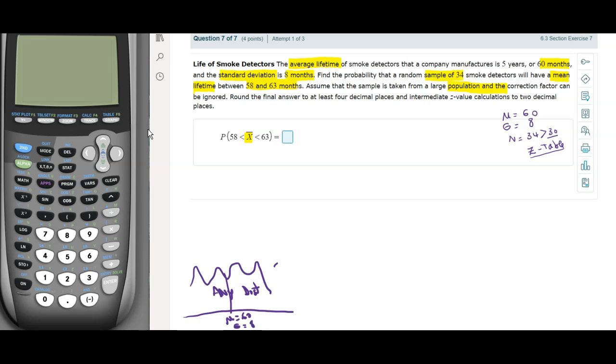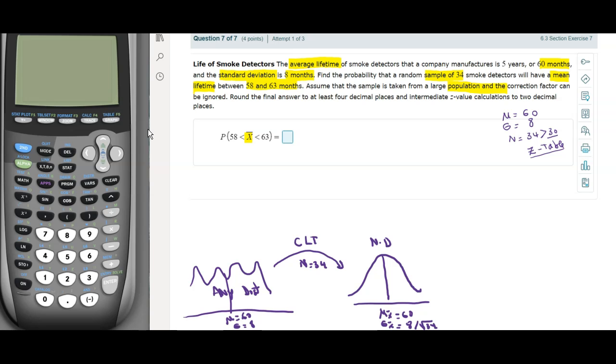So we're going to use the central limit theorem with n equals 34. Once we do this, we transform this any distribution into a normal distribution. The mean will be called mu x bar, and that stays the same as 60. However, the new standard deviation, sigma x bar, is the old one, which is 8, divided by radical 34.